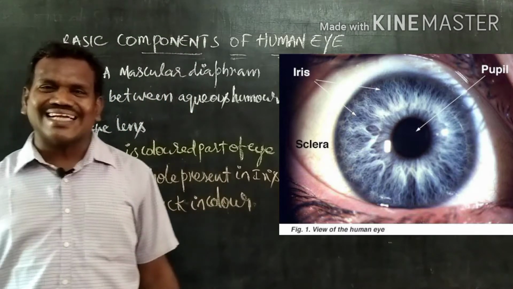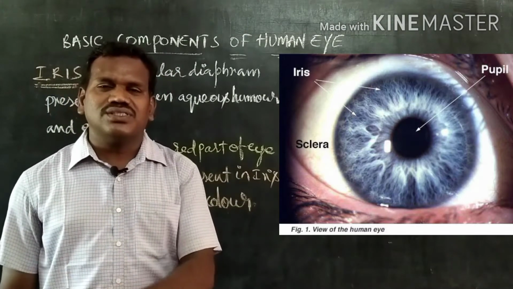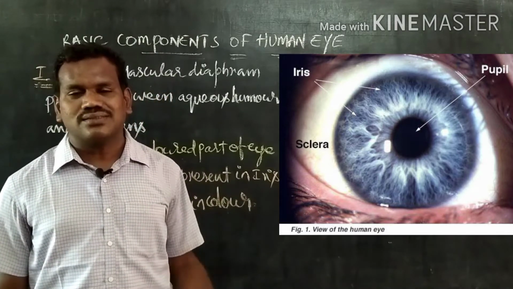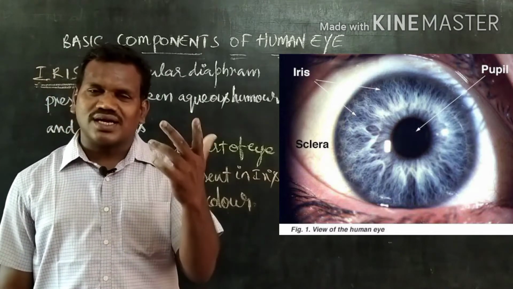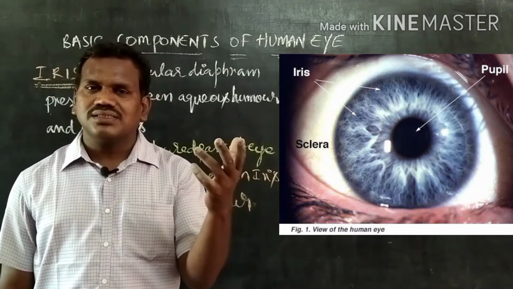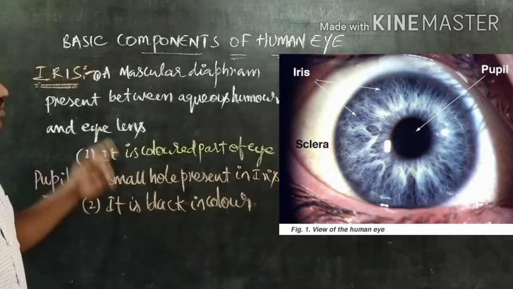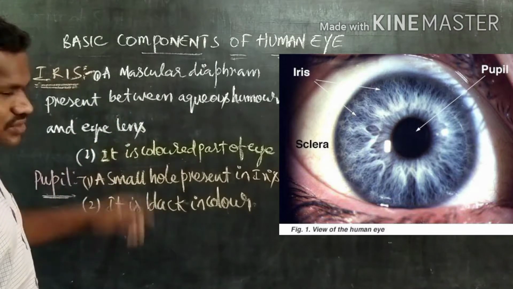If you observe the cat family, they are generally brown in color. If you observe the buffalo, its color is different. The eye color depends only on the iris, so the colored part of the eye is nothing but the iris.